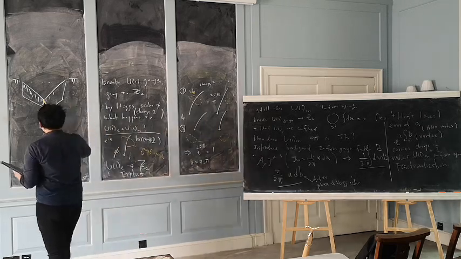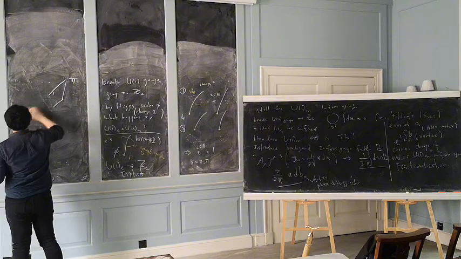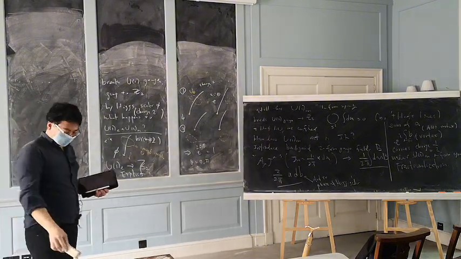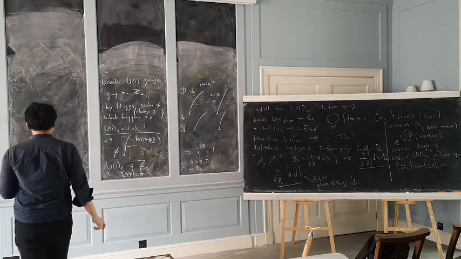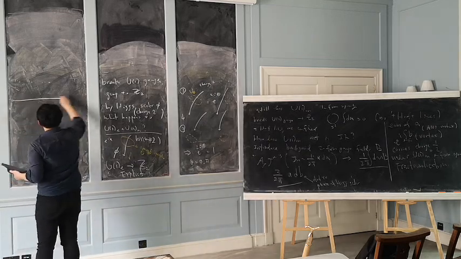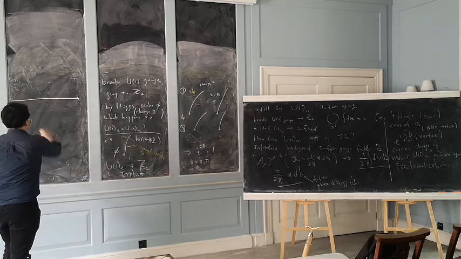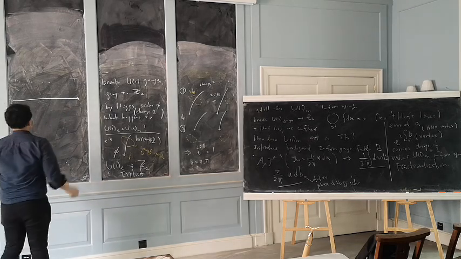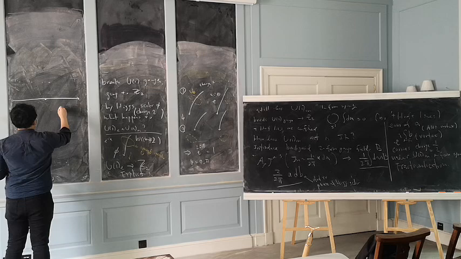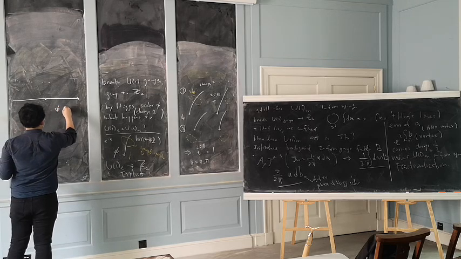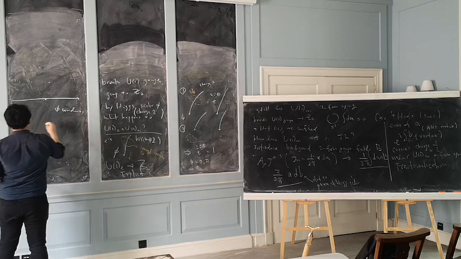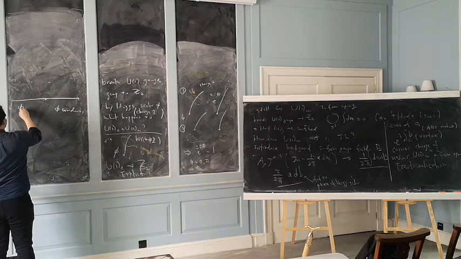Okay, so let me just draw a phase diagram. This axis is the Higgs coupling. Here let's say phi condenses, and here phi does not condense.